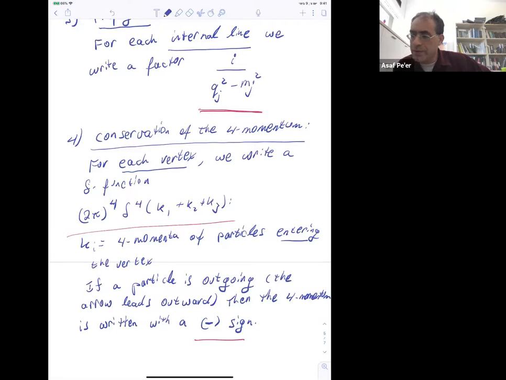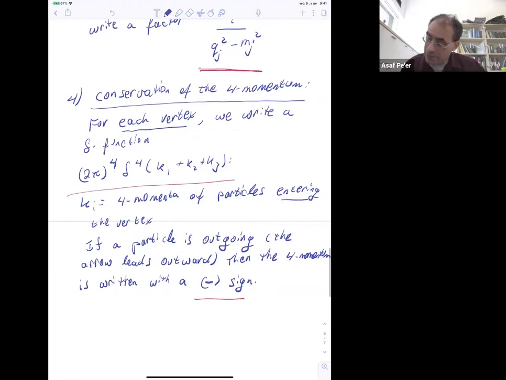At this stage, we have written down factors for the propagators and for the vertices, and then the delta functions. What we're left to do is to integrate over the internal momenta.